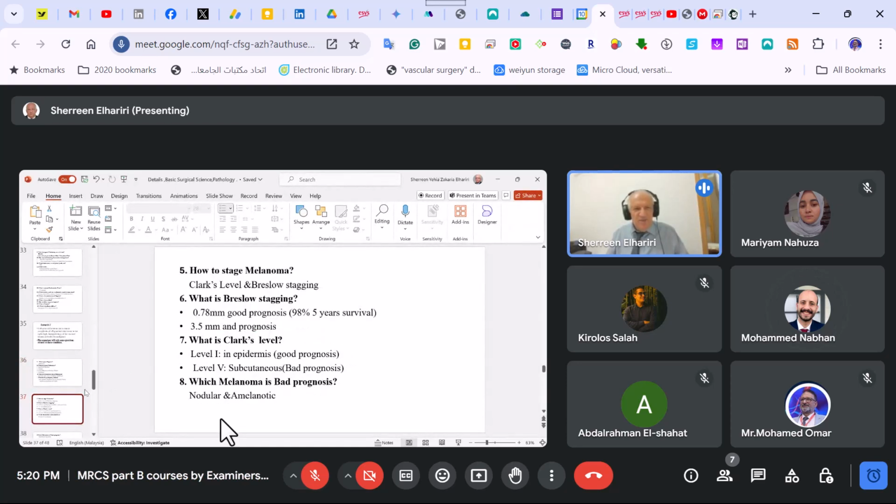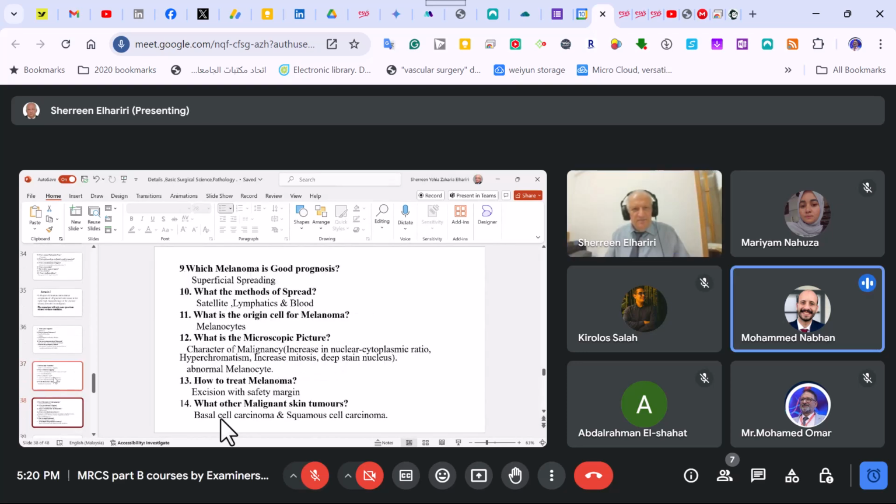All right. So what is the method of spread of melanoma? Local invasion. Local, we call it satellite, lymphatic, and the blood. What is the origin of melanoma? From the melanocytes. Okay, so what is the microscopic picture of melanoma under the microscope?